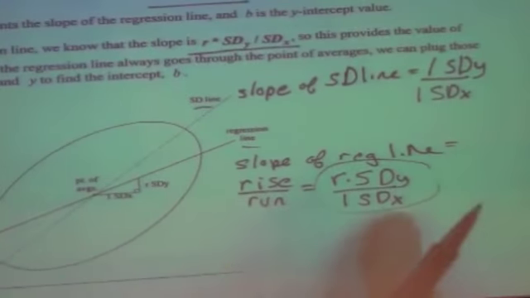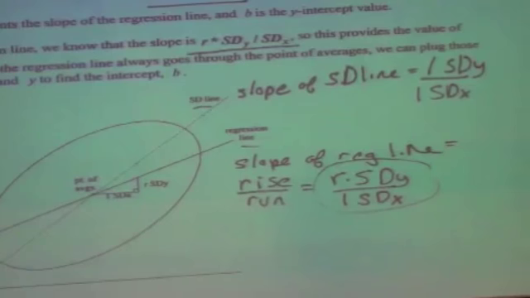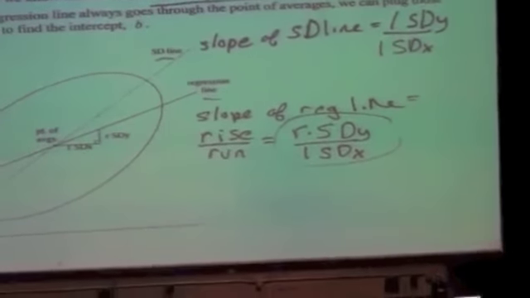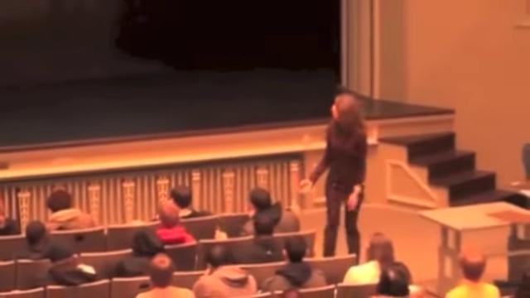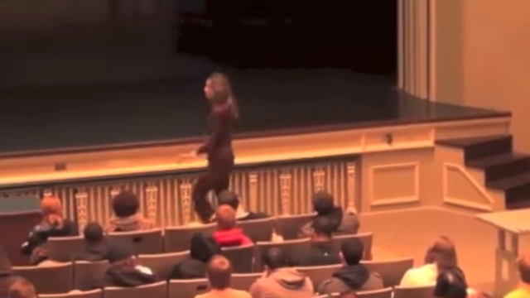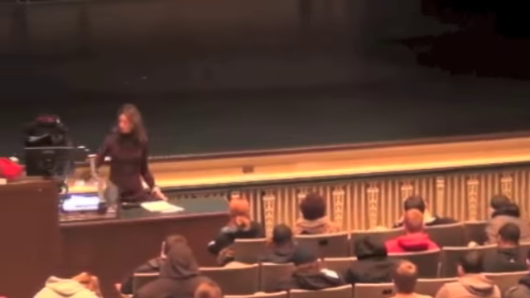Okay? Now, so we know this. If you're in z-scores, it's so easy because the standard deviations in z-scores are 1. So if I converted everything to z-scores, the point of averages would be 0, and the slope of the SD line would be 1, and this would be r, the slope of the regression line. But we're not usually in z-scores.